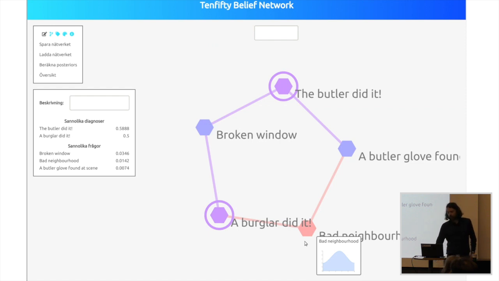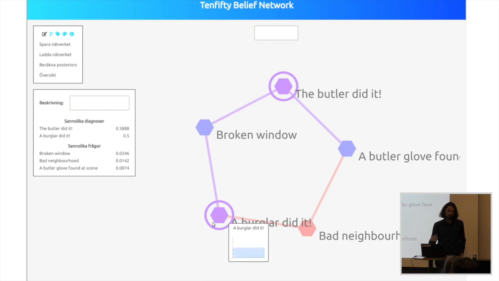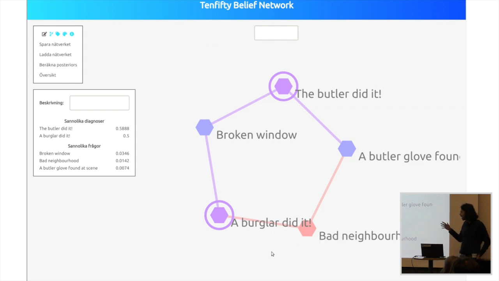And that's something that will cause other things. So a risk factor is something that may cause a conclusion, may cause a burglar to do it. A bad neighborhood in this case, which is a continuous node. I'm coming back to that. And this is a circle. It doesn't have to be a circle. It could be any shape. I might add a node or a connection live for you later.